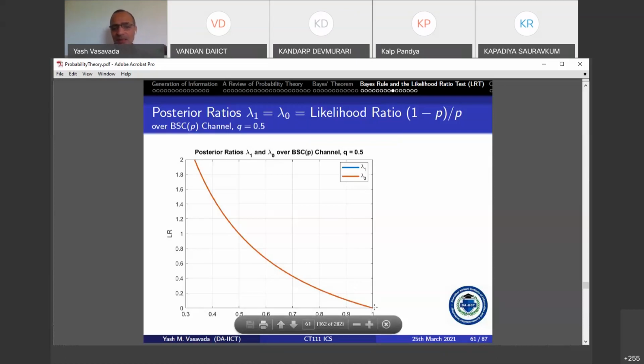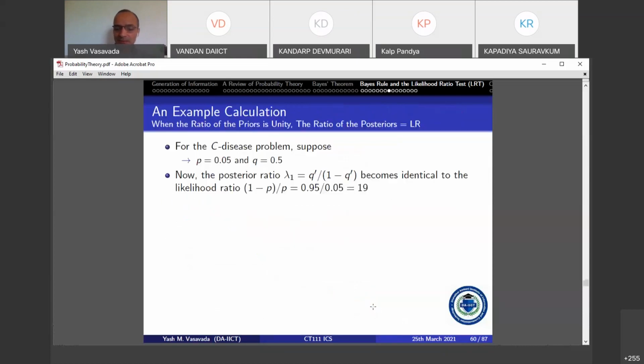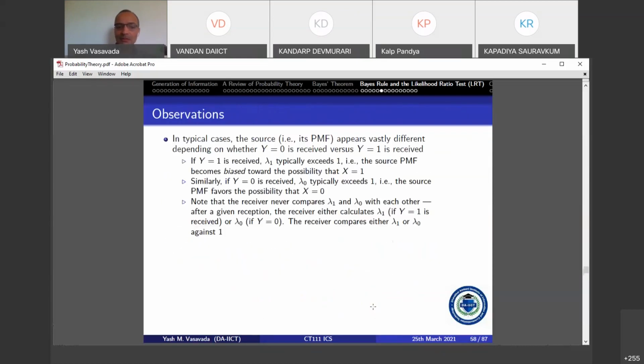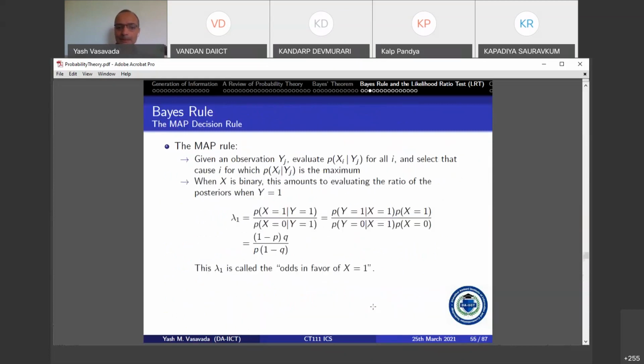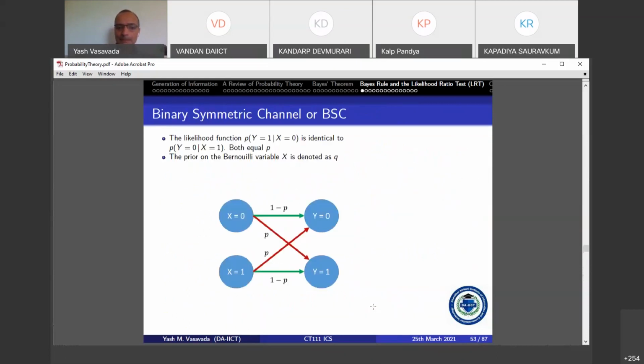Let us take the extreme case that P is equal to 1, and then go back and look at this diagram. So what happens is when P is equal to 1, this green line disappears. It gets erased because 1 minus P is 0. And there is no uncertainty now. Whenever you get y equal to 0, you know for sure that x was 1.